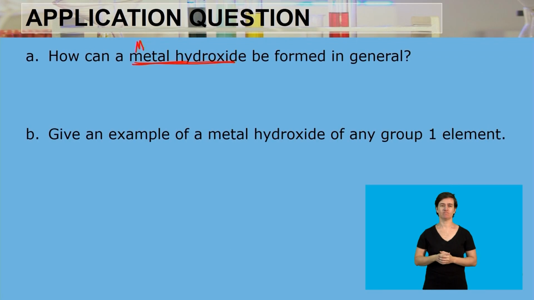So, how can a metal hydroxide be formed in general? So that needs to be a reaction between a metal plus oxygen. So that reaction is going to be metal hydroxide. So that needs to be a metal plus a hydroxide.